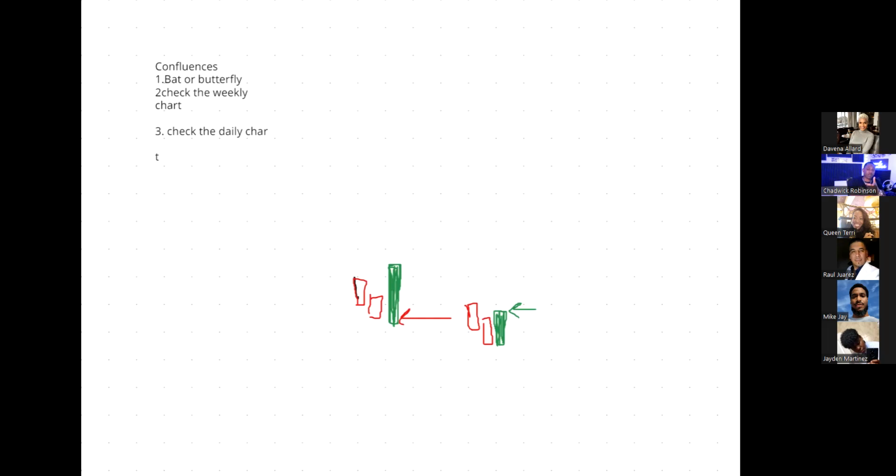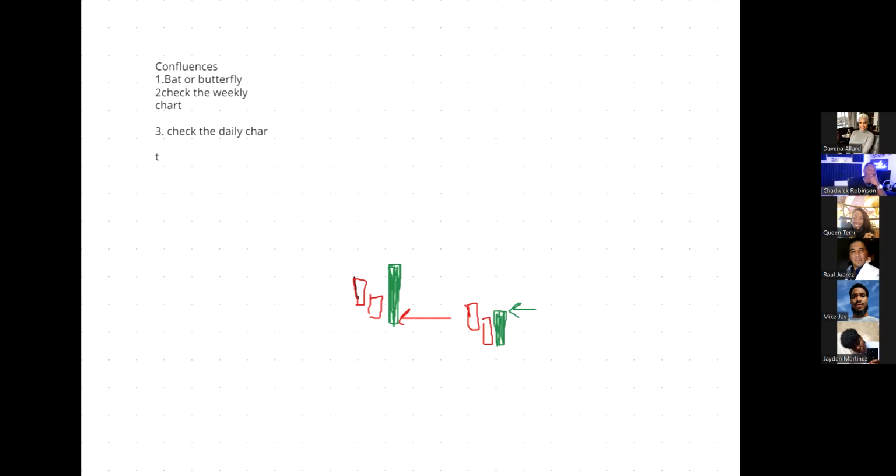Okay, but you would take a buy right here? I would do it, but I can't tell you why. It just looks like I should do it. Explain to me why I should do it.